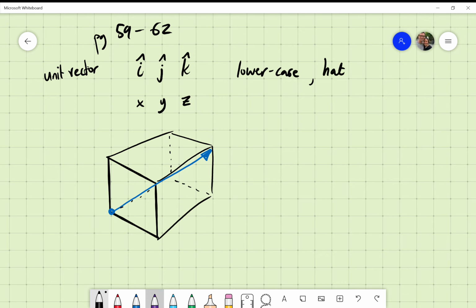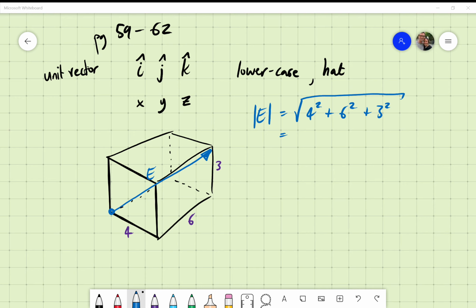So let's give it some numbers. Let's say that was a length of 4, maybe that's a length of 6, and maybe that's a length of 3. And let's label that with E again. So first of all, if you want the magnitude of E, you're going to add together those squares.